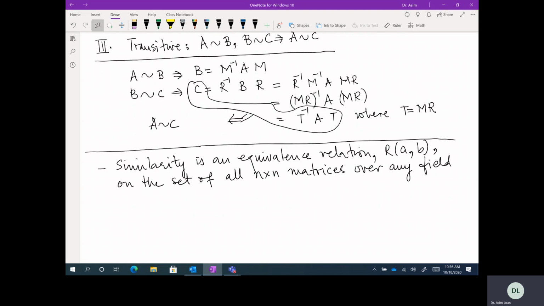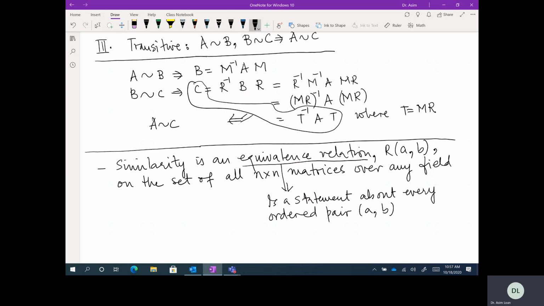And what is R(A, B)? So what is an equivalence relation? An equivalence relation is a statement about every ordered pair (A, B) from S by S, this is a Cartesian product, which is either true or false.